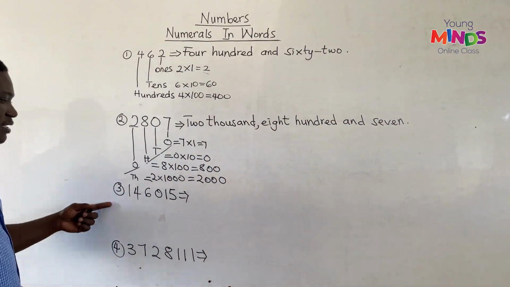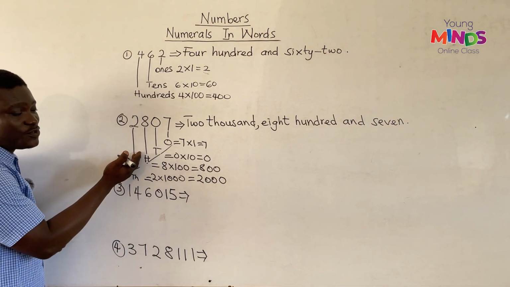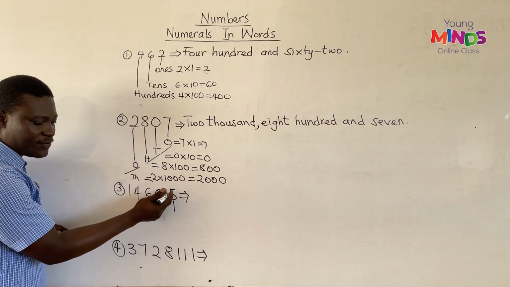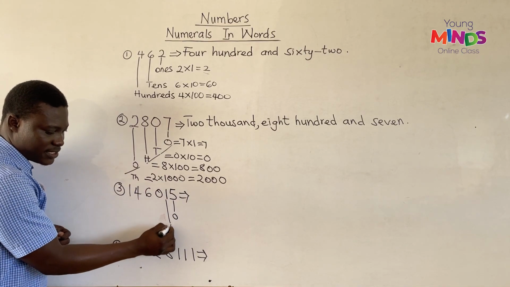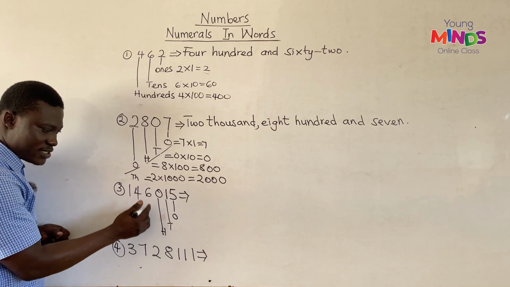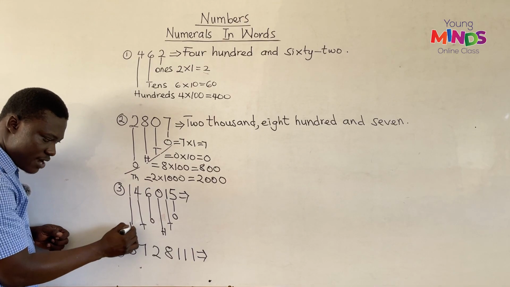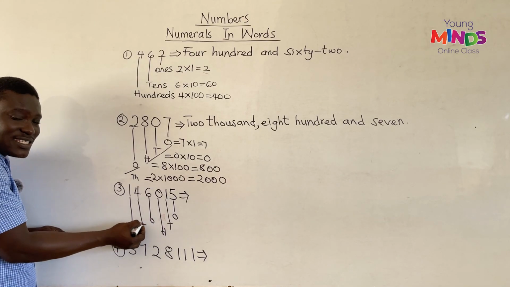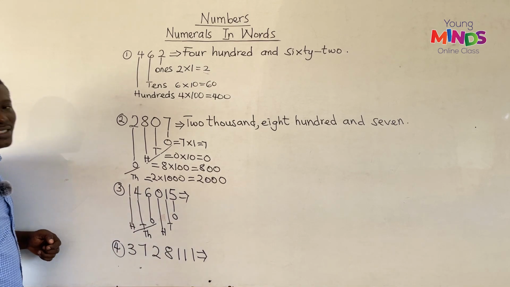Okay. Now let us come here. The same way, as I discussed with you here, the first digit from the right to the left is ones, tens, then hundreds. So as this one, ones, tens, hundreds. But the second ones, tens, hundreds will be in the thousands place.